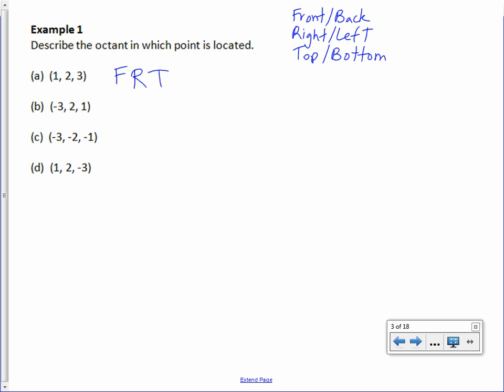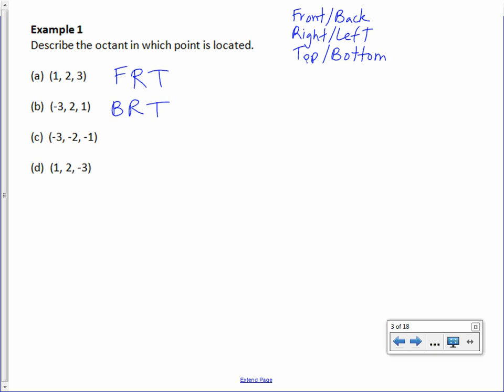Okay? So -3, 2, 1. What would change there? So -3, you would go negative, positive, positive: back, right, top. The first one was positive, positive, positive: front, right, top.